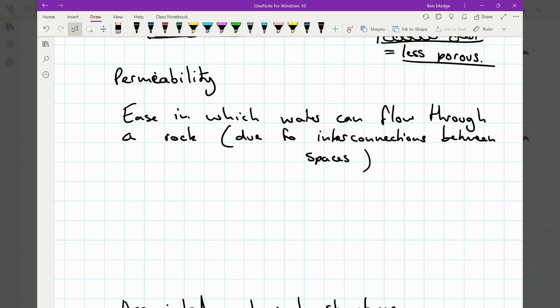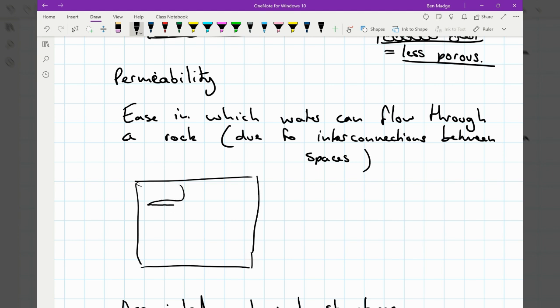So it's like the ability of water to flow within a rock. Limestone is typically quite widely fractured, and this means that it's very permeable because water can flow into these fractures and then move between different parts of the rock relatively quickly and easily. So limestone is typically very permeable.